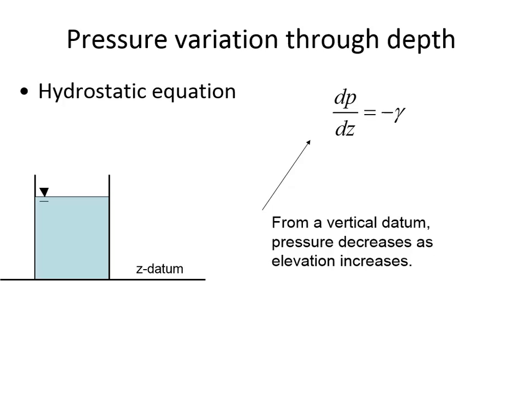But if we start going down, then pressure is going to be accumulating, and so it's going to be accumulating at the rate of gamma. 9810 newtons per square meter for every meter that we go down. So 9810 pascals per meter of depth. That's the rate of pressure accumulation.